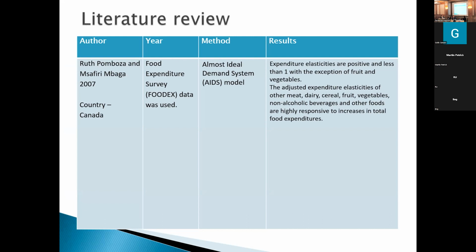The results show the expenditure elasticities are positive and less than one, except for food and vegetables. In estimating food and price elasticity, they mostly use the almost ideal demand system model.